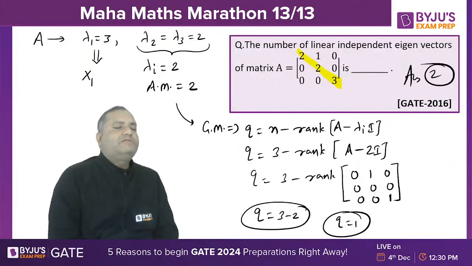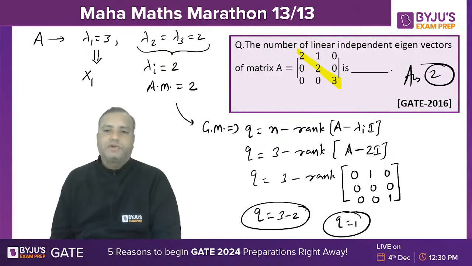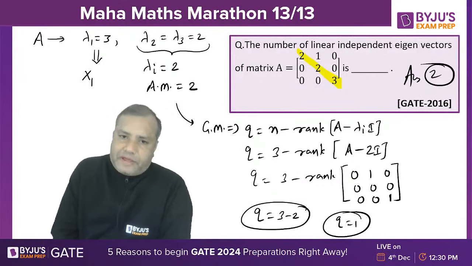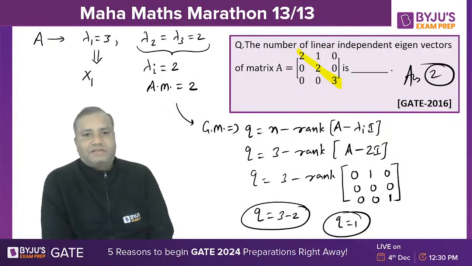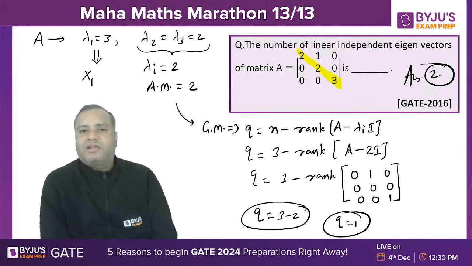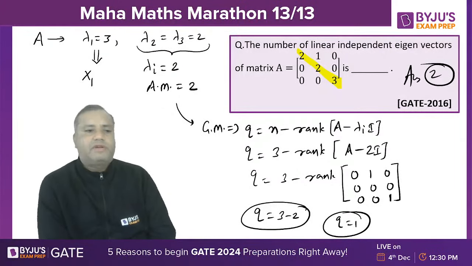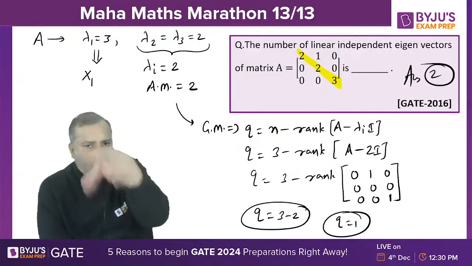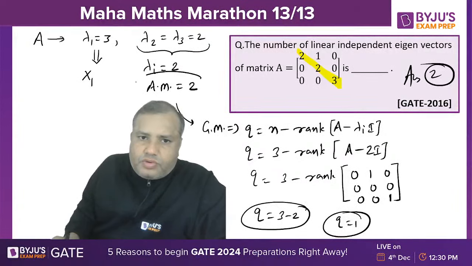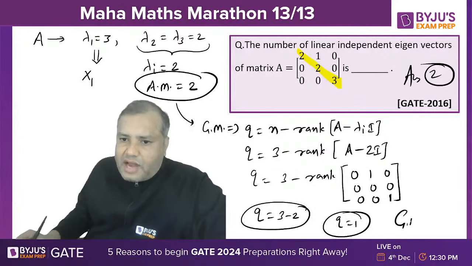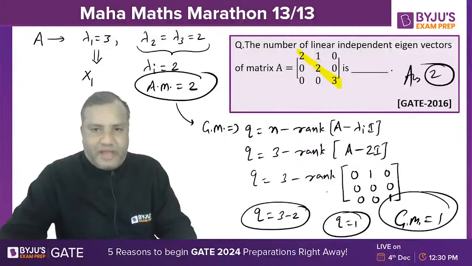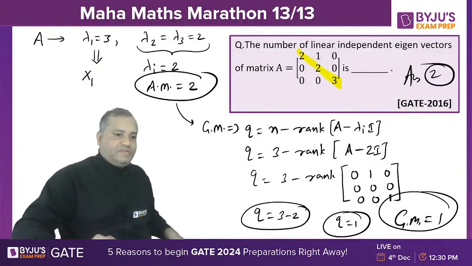Here eigenvalues are 3, independent eigenvectors are 2, so the matrix cannot be diagonalized. I have also given you one more mapping: if eigenvalues are repeated, then that matrix can be diagonalized only when AM equals GM. So here AM is 2, but GM is 1. AM is not equal to GM, and that's why this matrix cannot be diagonalized.